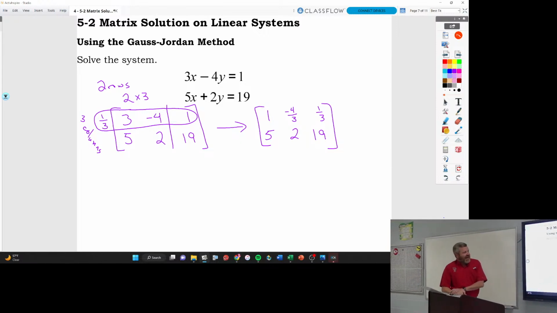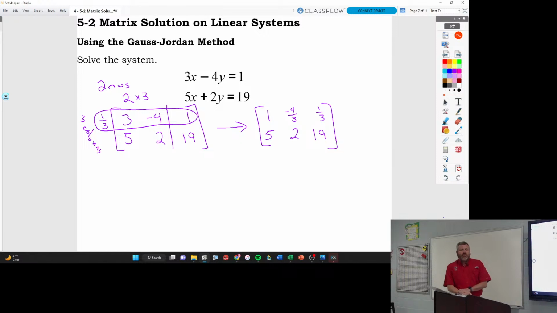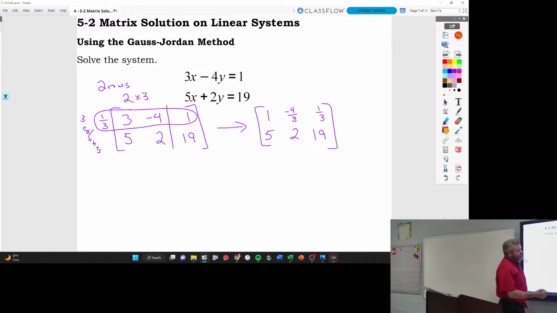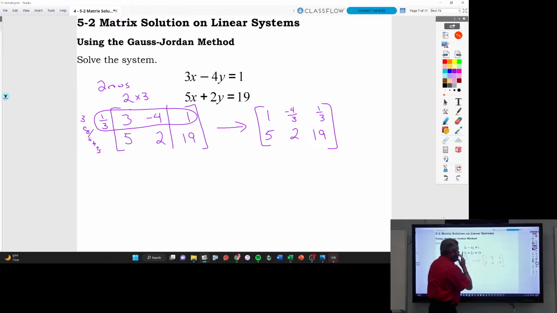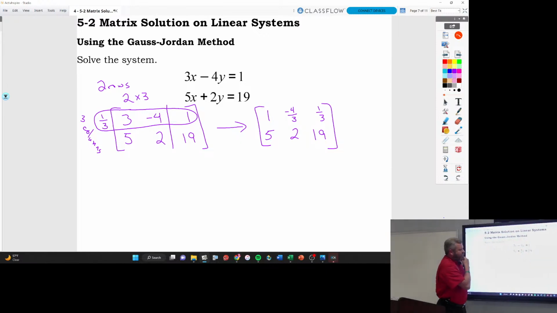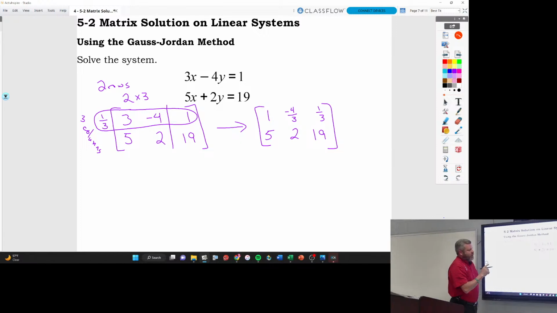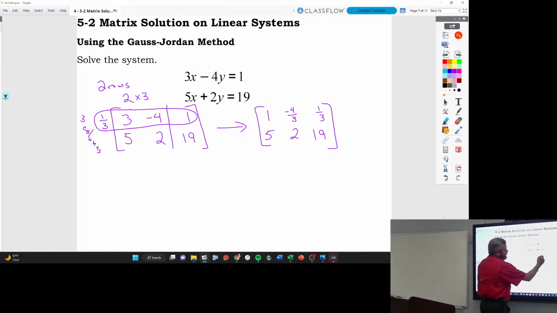I have obtained a 1 in my first column, first row. So I need to use that and somehow manipulate it in such a way that I can turn this 5 on the next row into a 0. Well, if I took row 1 and multiplied it by negative 5, I'm just going to document this right here.